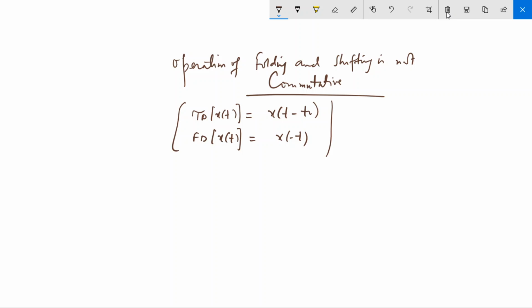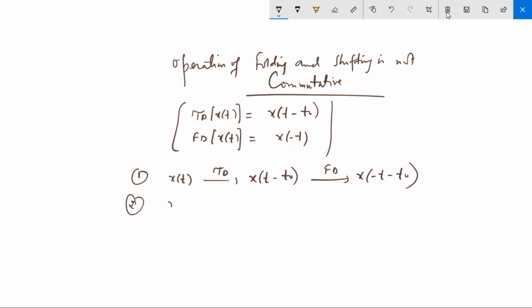Okay, so in the first case you have to shift it, then fold it. So x(t), if you apply the time delay operation on this, you will get x(t-t naught), and then you apply the folding operation, you will get x(-t-t naught).